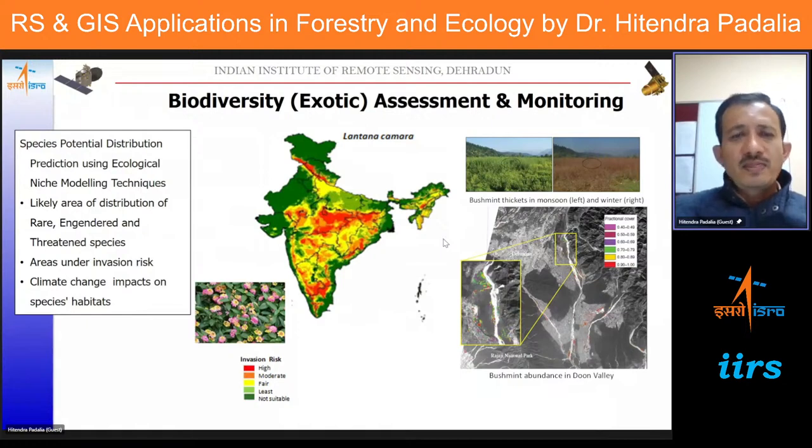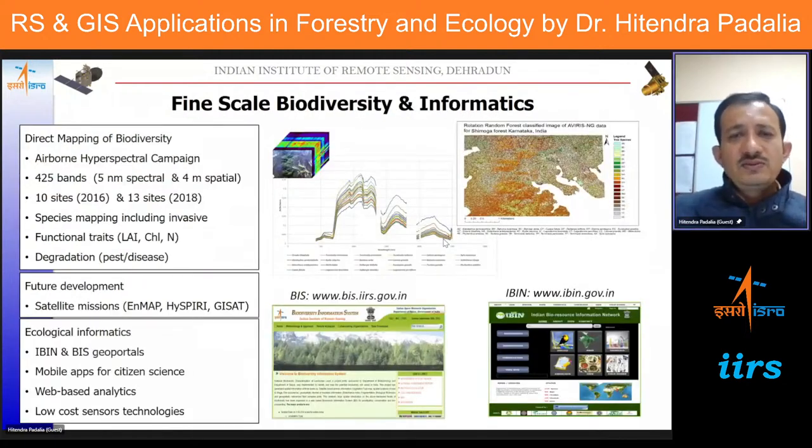Then further, new novel research is being done to actually map the species with very high resolution hyperspectral remote sensing data such as the AVIRIS-NG data, which is airborne hyperspectral data from NASA.